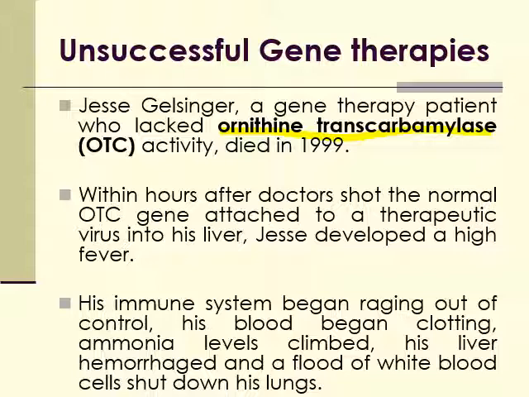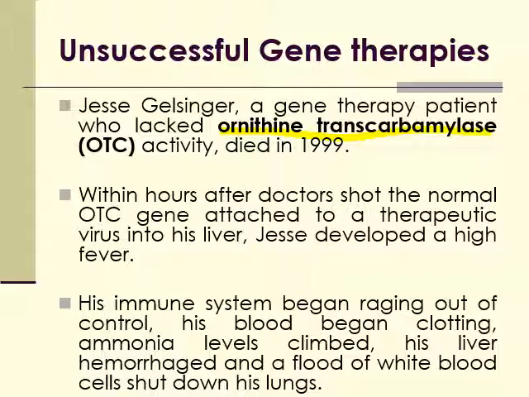The vector used for delivery was adenovirus, a modified version of the virus that causes the common cold. For the most part, subjects had received adenovirus without serious complications, but for some reason, Jesse was different. After injection of the vector, a fatal reaction was triggered, and 4 days after the injection, Jesse died.